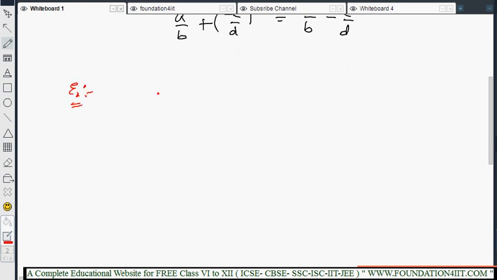So let's take one question. Subtract minus 5 by 6 from minus 3 by 4. So from minus 3 by 4, we have to subtract minus 5 by 6. As per the rule, we take minus 3 by 4, because this is the one we subtract from, and we have to subtract minus 5 by 6.